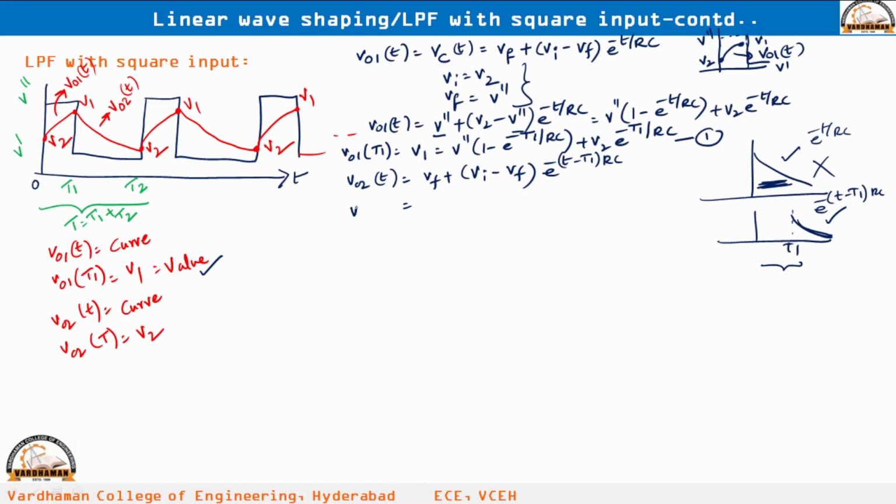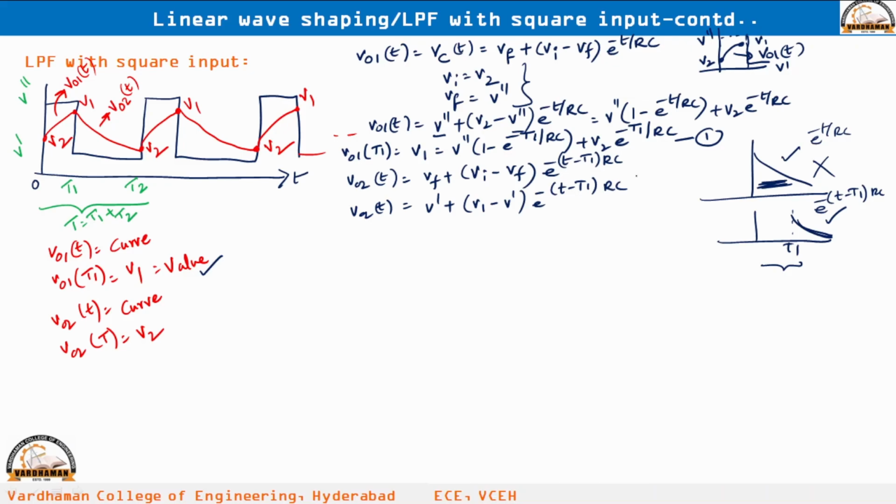Final value is nothing but, V02 of t is equal to, now you see it can discharge up to V dash. As I said previously, V2 is not the final value. If there is no discontinuity from V dash to V double dash, it can discharge up to V dash. So, that I have taken V dash. Next, plus V input, it is coming from V1.